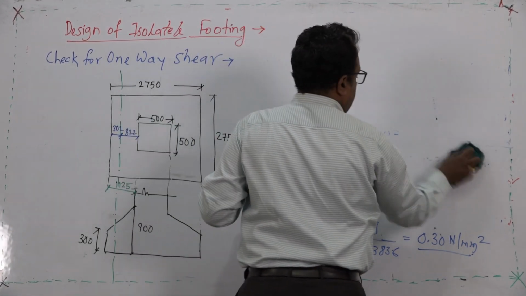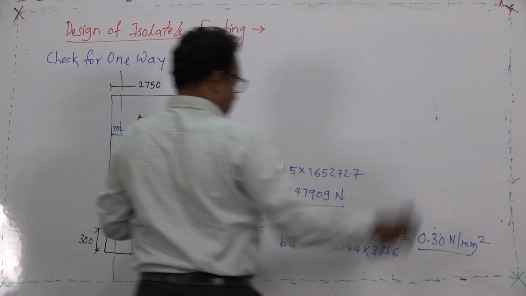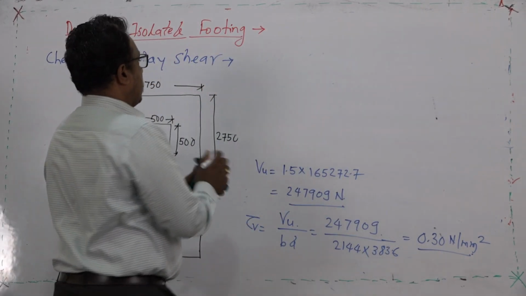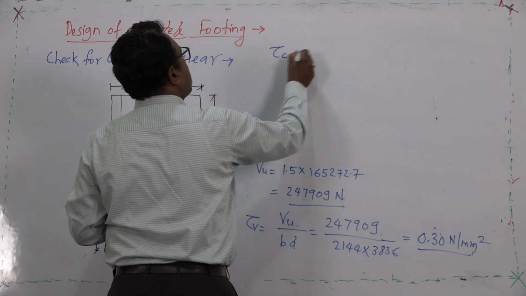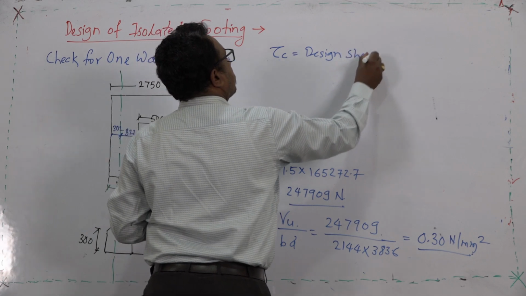Now, we are supposed to compare this with tau C. What is tau C? Tau C is the design shear strength of concrete.